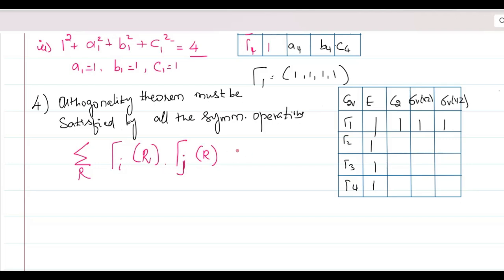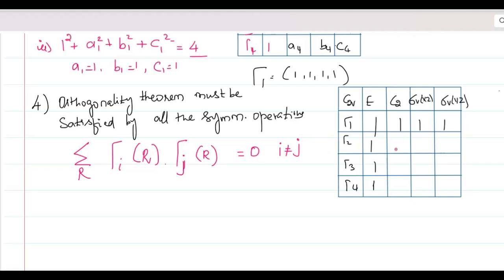If we take the product, then it should be equivalent to 0. Why? Because they are orthogonal with each other. So I is not equal to J. This is the condition. So I take two different irreducible representations and take the product of the characters of the symmetry elements of the two, and then it should be equal to 0.